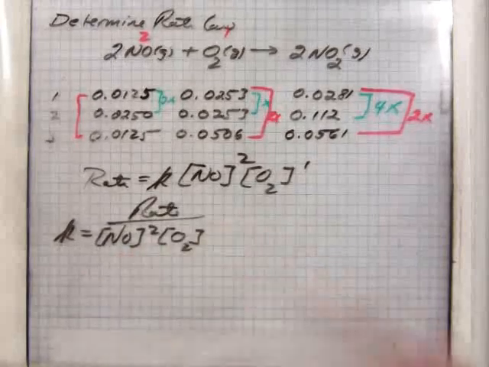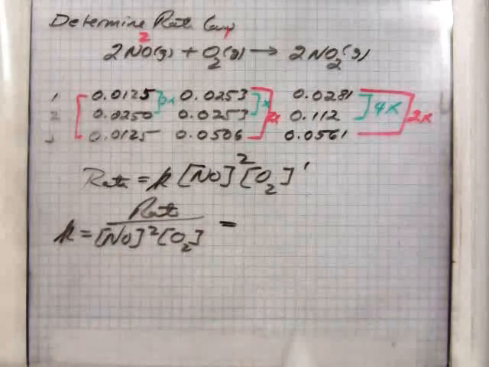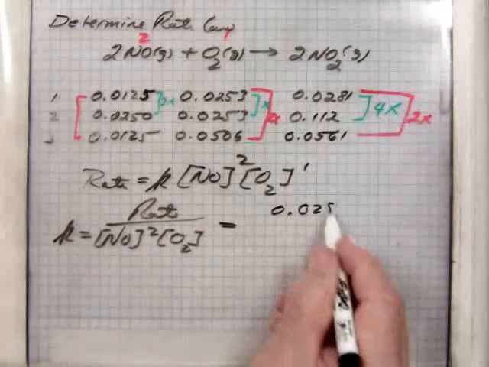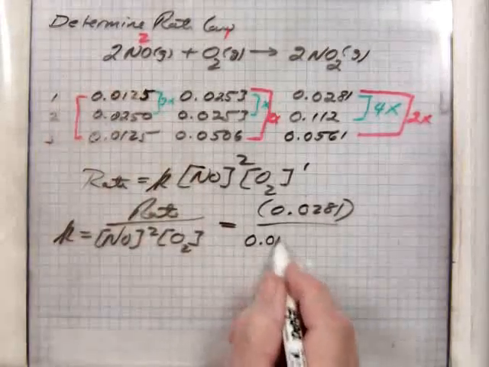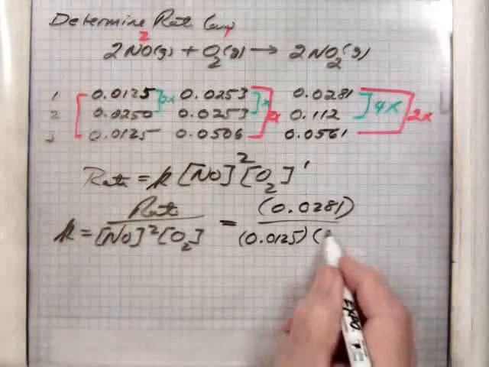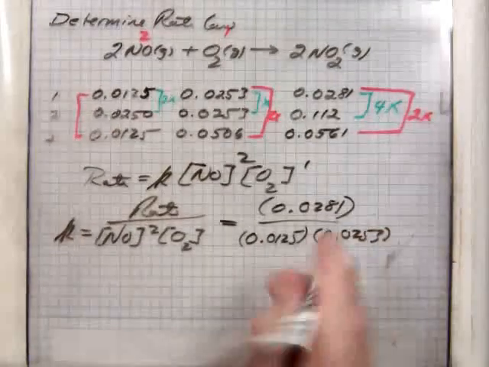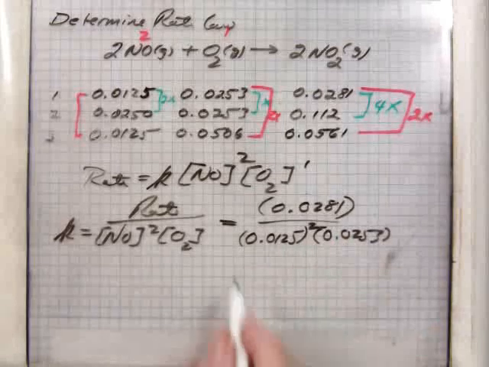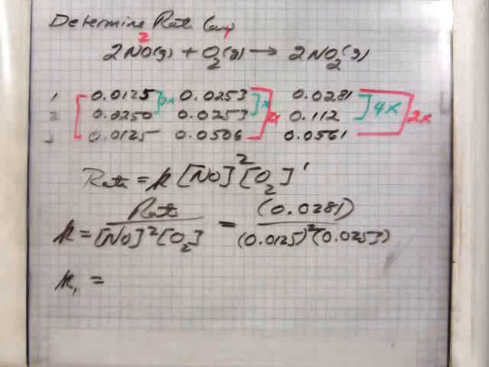You pick any one of the values, and so that would be 0.0281 divided by 0.0125 and 0.0253. Oops, this one's squared. And we'll get, say, K1, be whatever that one is.